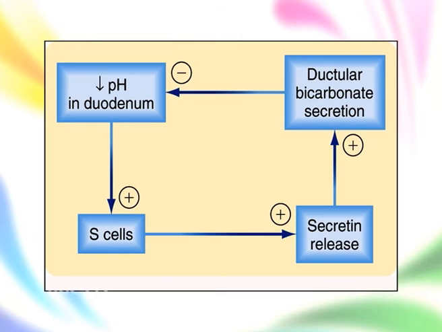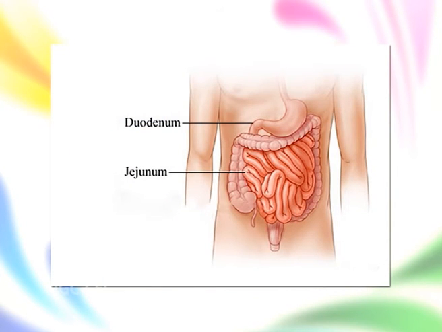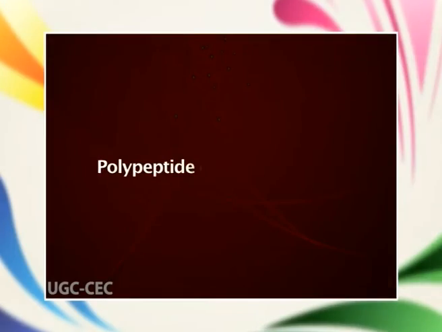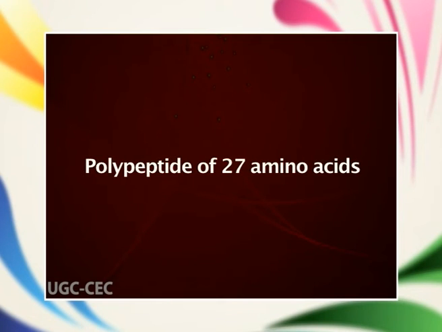The next hormone is secretin. Secretin is produced by S cells of the duodenum and jejunum. It is a polypeptide of 27 amino acids. Its secretion is stimulated by exposure of duodenum to the acidic chyme. Its function is to stimulate the secretion of fluid and bicarbonates in the pancreas and secretion of pepsin in the stomach.